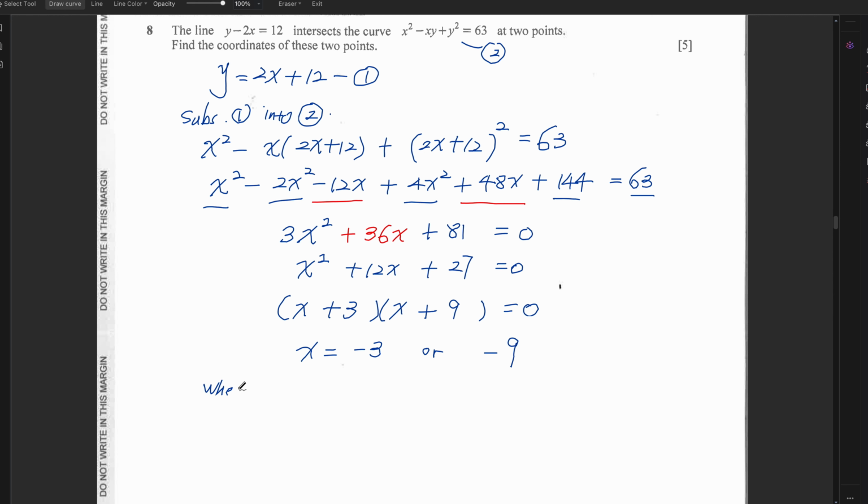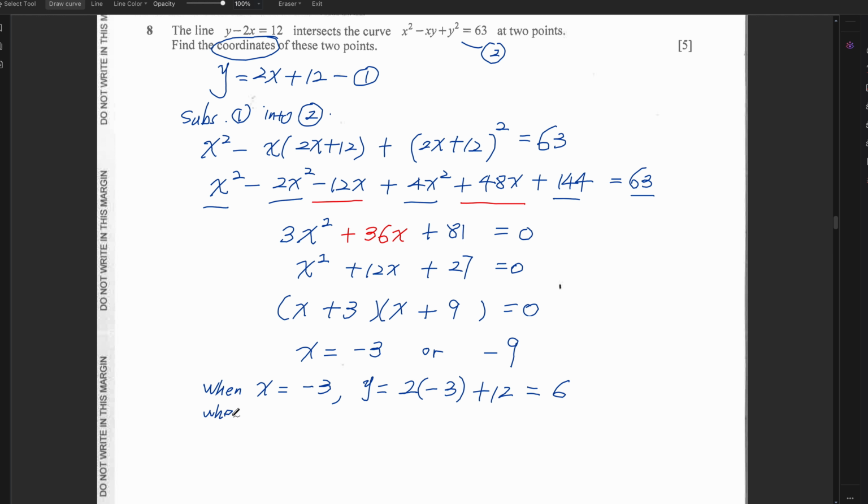So when x equals to negative 3, because they ask for the coordinates of these 2 points, so when x equals to negative 3, y equals to 2 minus 3 plus 12 equals to 6.